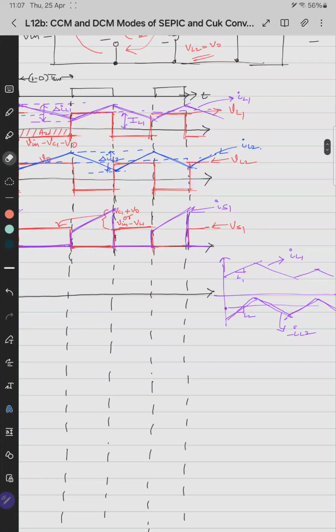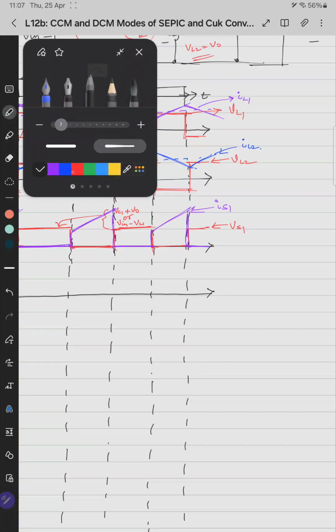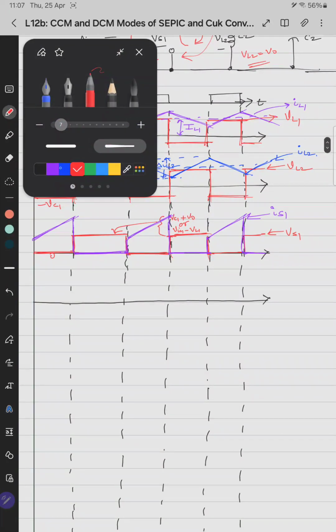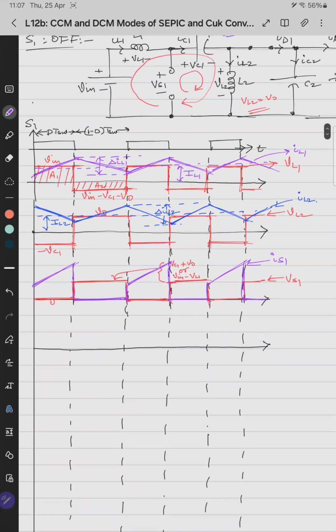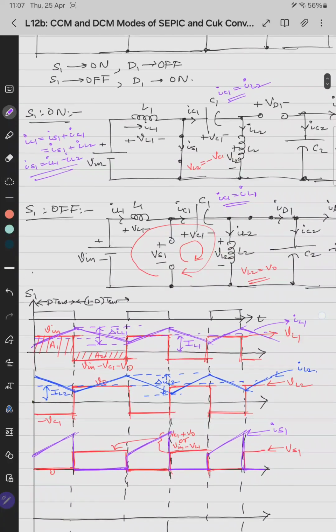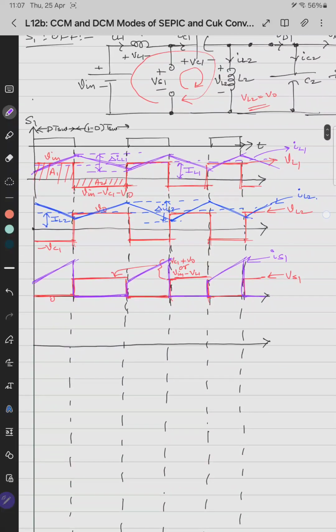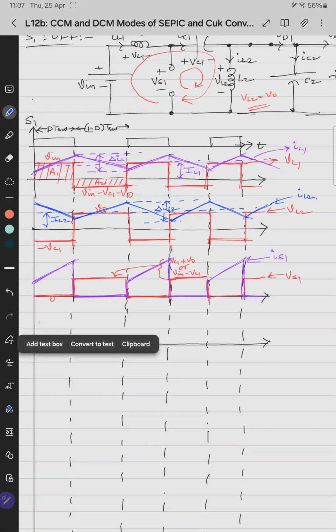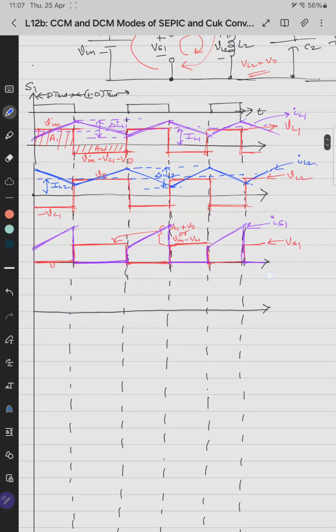I think now I'll erase these waveforms. First is current, so current we'll draw in this color. First is during on time: IC1 is IL2. First we'll draw the waveform of IL2. So when the switch is on, current is IL2. This is IL2 in blue color.